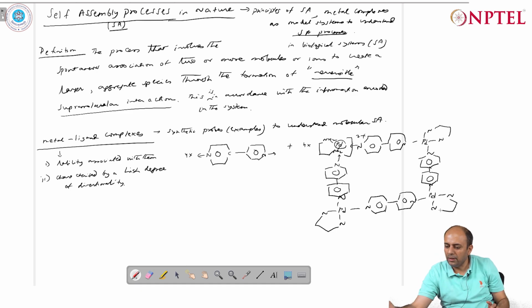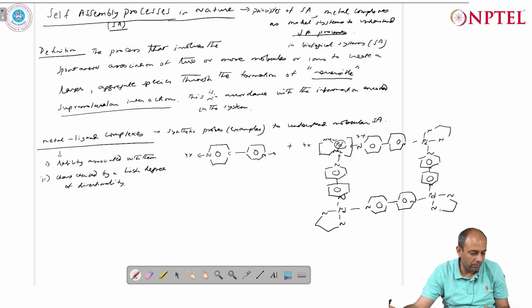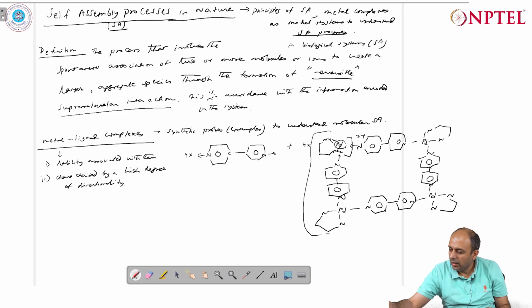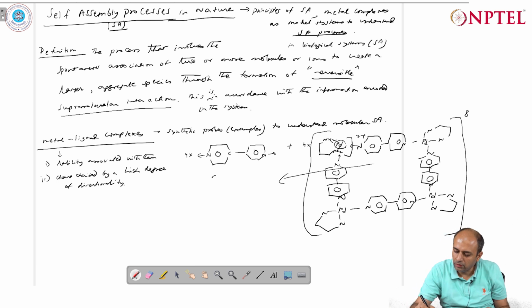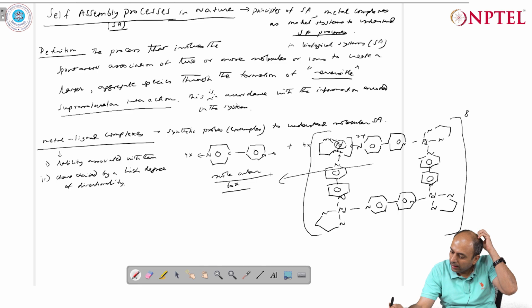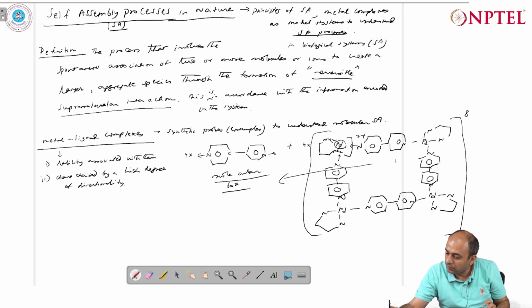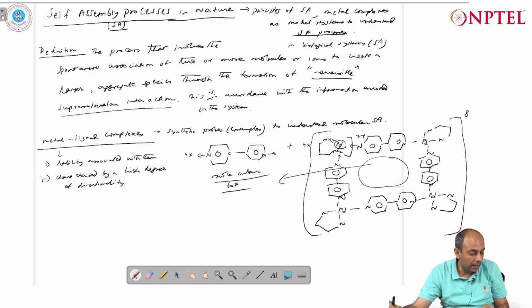So now you can see we have formed this larger species. We have formed this large size species, and the overall charge on this complex is 8 plus. And this is referred to as a molecular box, and you can see that there is a void here in which different kinds of solvent molecules can be included.